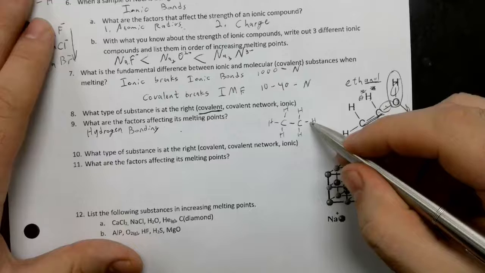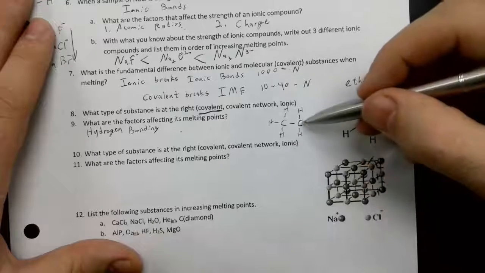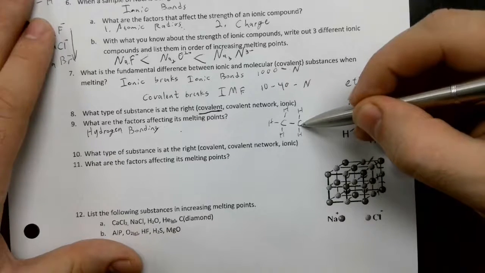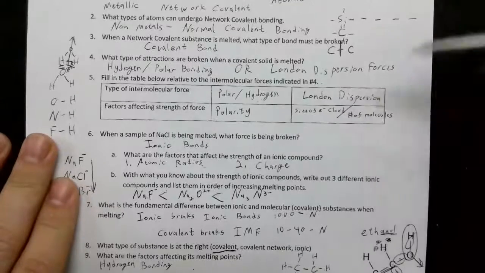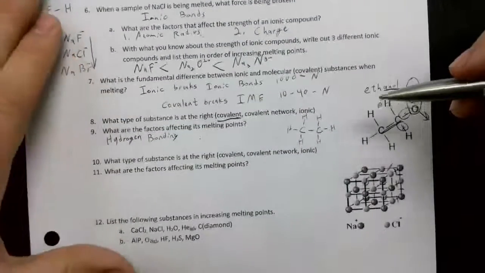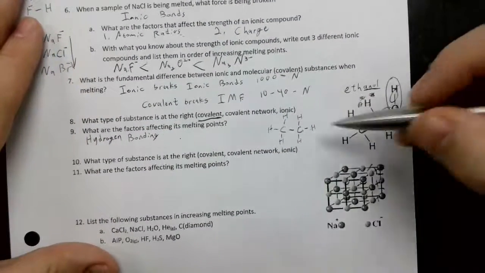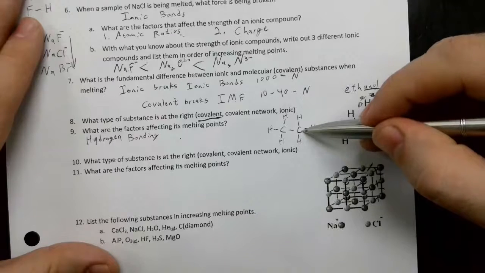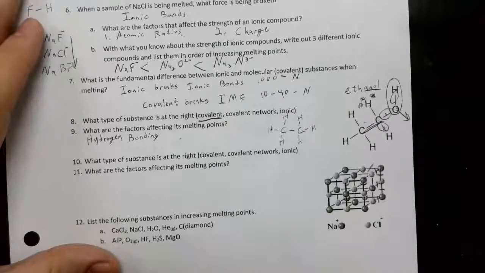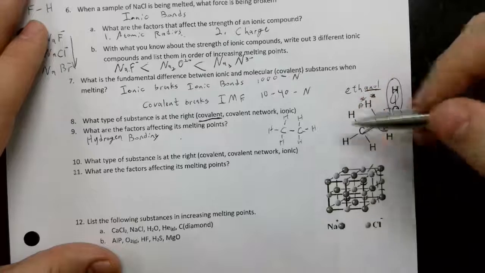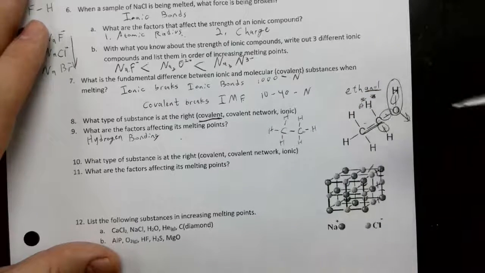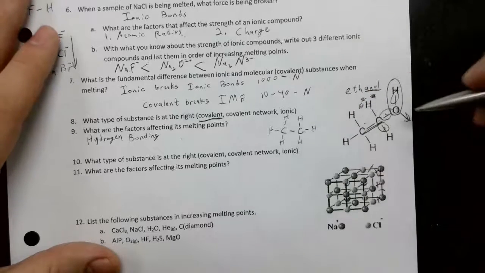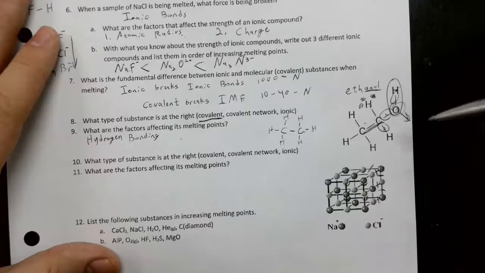I don't have any polarity in this at all. The only thing that would keep ethane together would be London dispersion forces, which are very weak. So at room temperature, this is a liquid, this is a gas. And they have a very significant difference in their melting and boiling points because of those intermolecular forces. Just a small difference, like adding oxygen, drastically changes those properties.